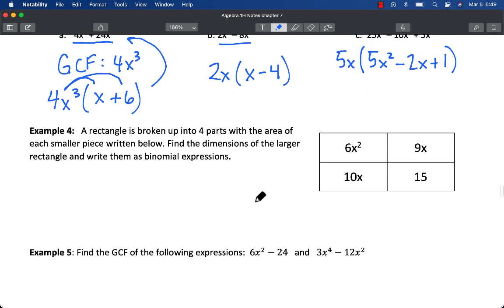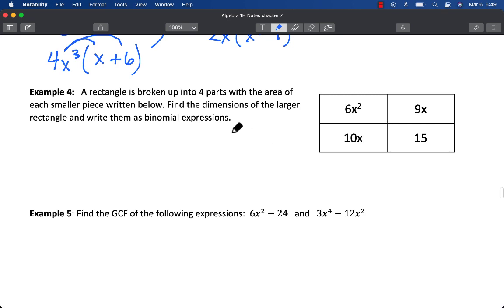All right, let's check out example 4. Example 4 is a rectangle that's broken up into 4 parts with the area of each of the smaller pieces written. We want to find the dimensions of the larger rectangle. So this kind of goes back to a problem that we did earlier in this chapter.